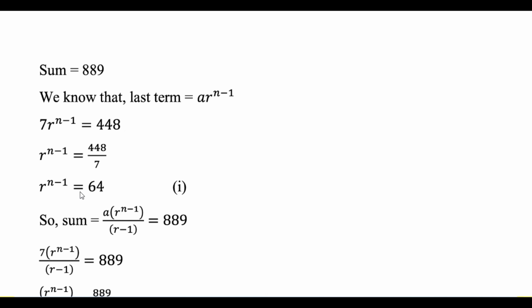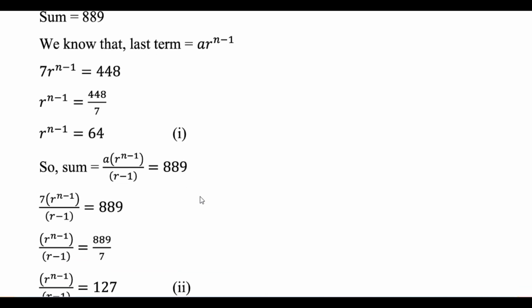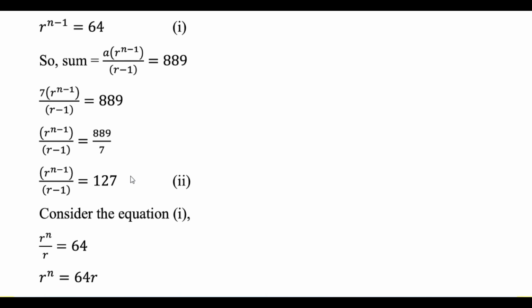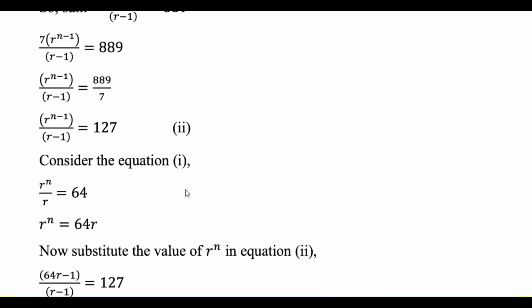So r to the power n minus 1 is equal to 64. Now use the sum formula, that is a into r to the power n minus 1 divided by r minus 1 is equal to 889.